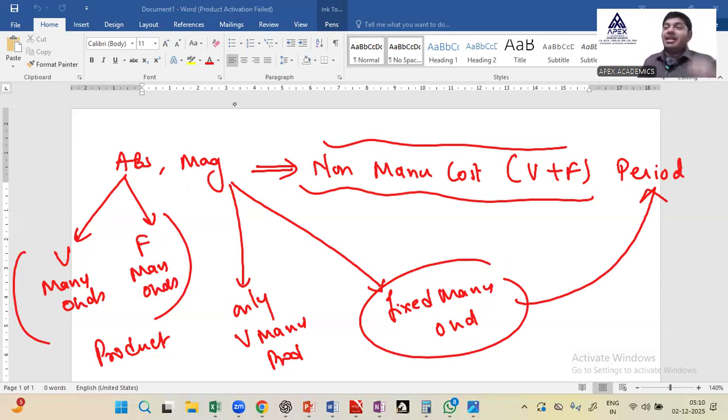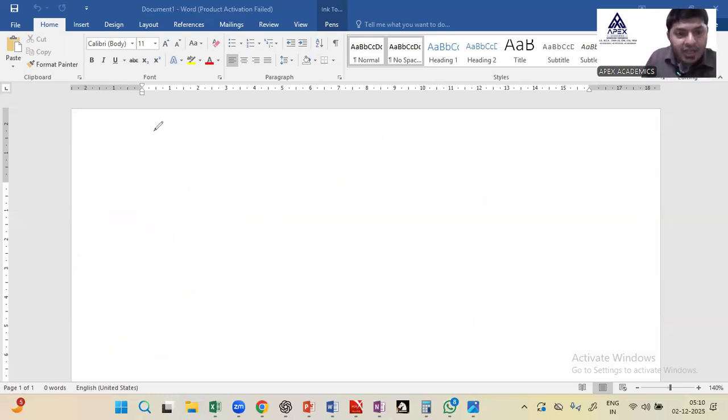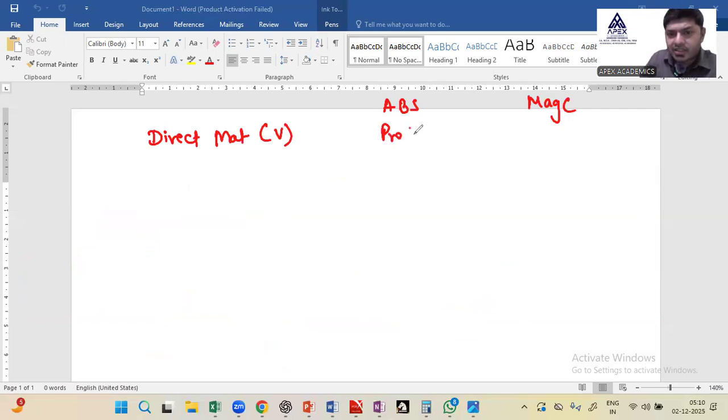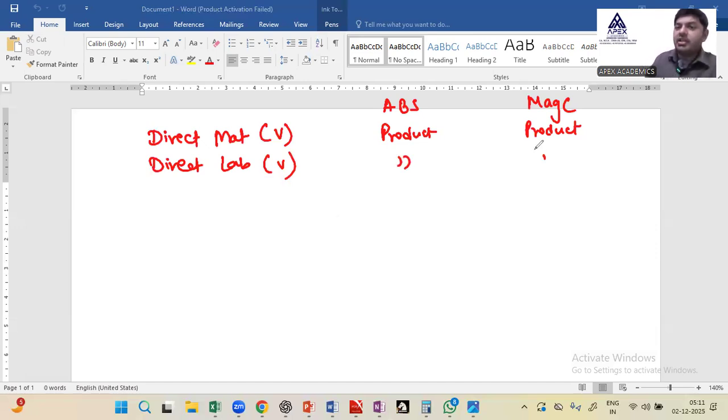So if I was to make a list of certain items, for example, direct material in itself is a variable cost. So whether it is absorption costing or marginal costing, in both places it will be a product cost. Direct labor is again a variable cost. It will be product under both marginal as well as absorption costing.